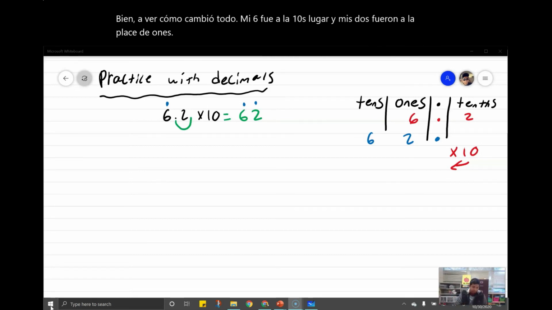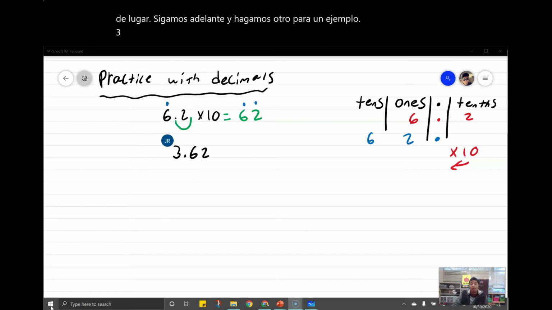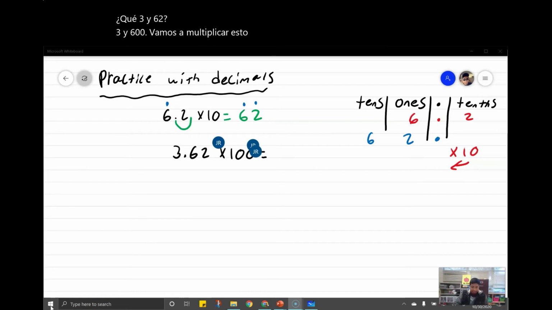So when you're dealing with decimals, okay, you move the decimal based on how many times you gotta move the place value. Let's go ahead and do another one for an example. 3 and 62 what? 3 and 62 hundredths. Good. 3 and 62 hundredths. We're gonna multiply this by 100. Okay.